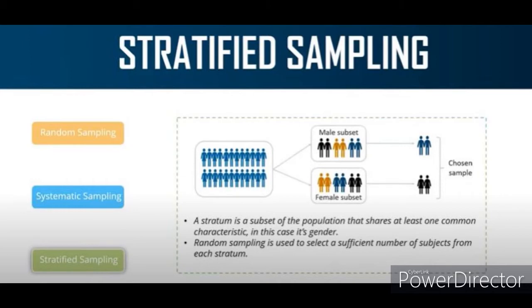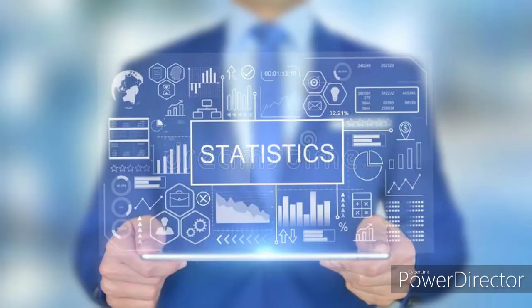So these are the three types of sampling techniques. Now let's move on and look at our next topic, which is the different types of statistics. After this, we'll be looking at the more advanced concepts of statistics. So far, we discussed the basics of statistics, which is basically the different sampling techniques and the terminologies in statistics. Right, now we look at the different types of statistics.